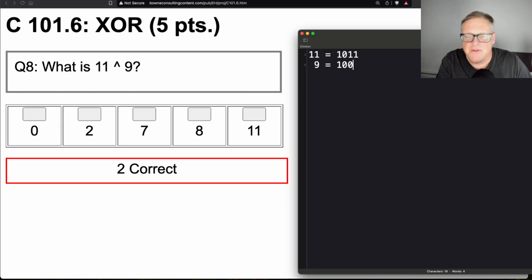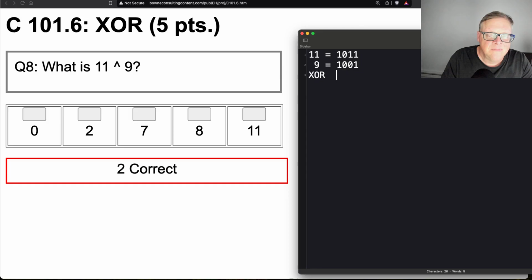Yep, 1, 0, 0, 1. Okay, so what's the XOR? That's it. 0, 0, 1, 0, and that's 2. Good. You guys are moving right along.